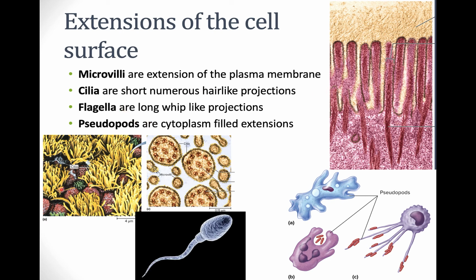Cilia, over here we have some cilia, are short hair-like projections. What you can see is they come in little bunches, and there's a ton of them. Cilia are always very short and very numerous, and they wave back and forth. Cilia can either help a cell move around, or more often in our bodies, they wave back and forth and create a teeny tiny current that goes over the top of them.